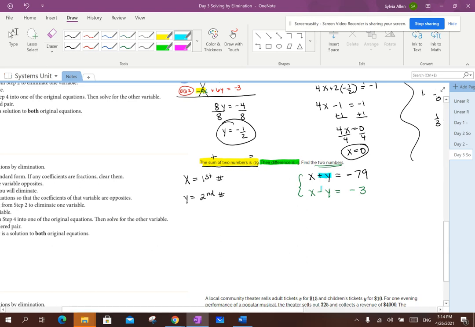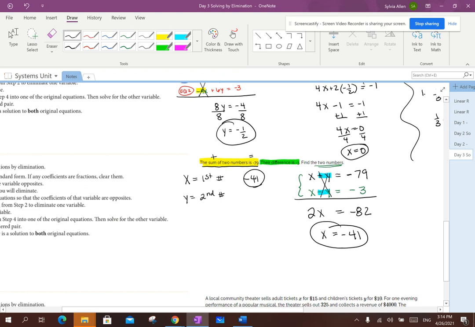Hopefully you're seeing this rather quickly now. I'm just going to go ahead and add the equations. I get 2x, the y's cancel, and I get negative 82. Divide by 2, I get negative 41. So x is negative 41. So the first number is negative 41.